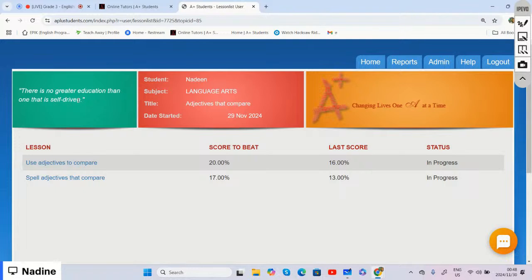For example, taller, smoother, smaller, smarter. And then we have superlative adjectives which compare two or more people, places, or things, and it ends with est. For example, smartest, tallest, smallest, smoothest, and so on.